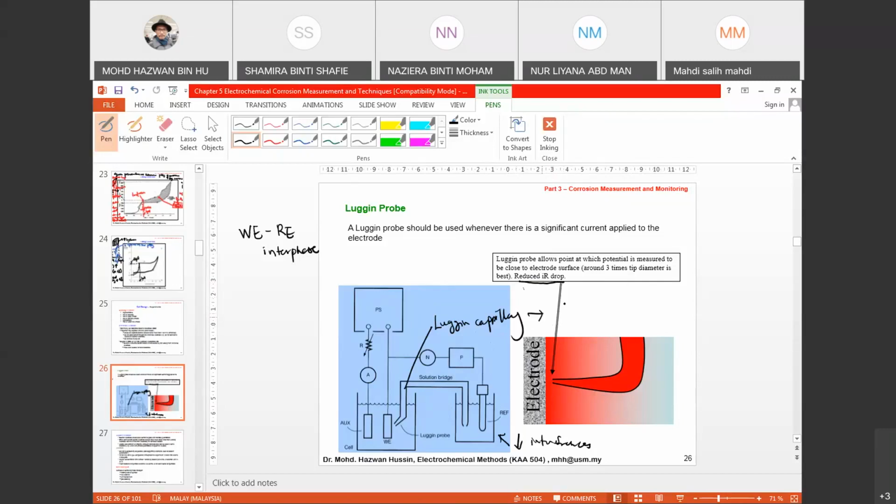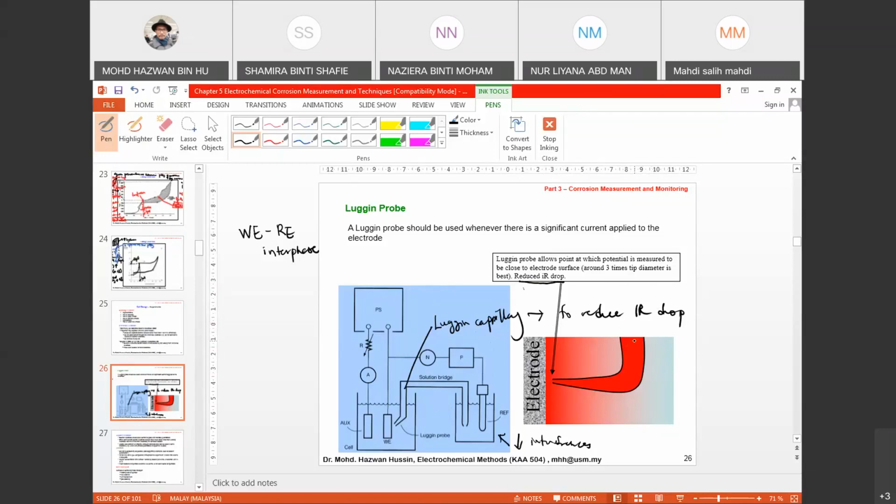Okay, to reduce IR drop. If you still remember, I have actually explained what IR drop means in the previous chapter. IR is actually the current resistance drop.